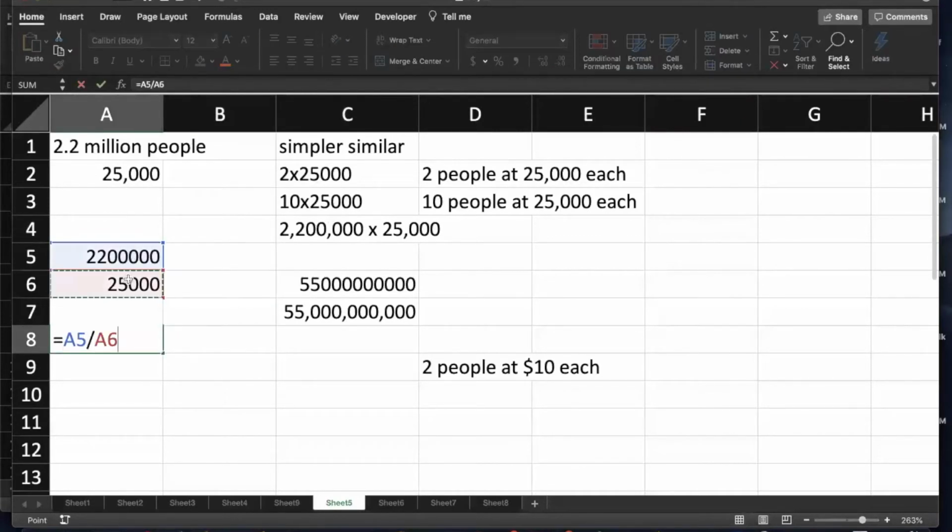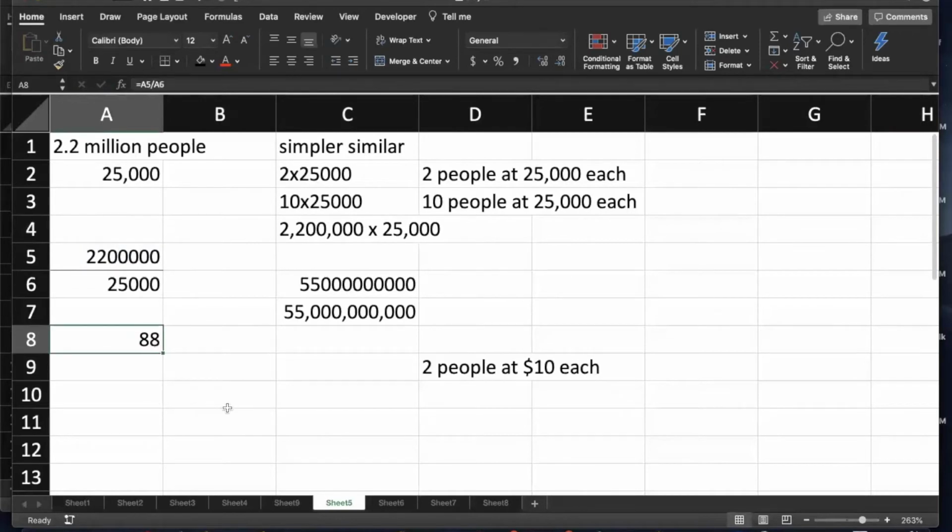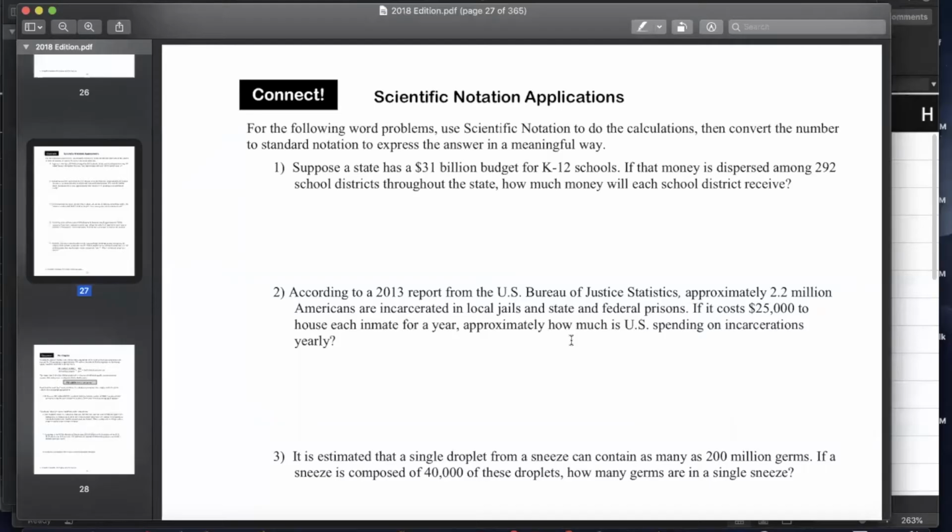And that's a perfectly rational thing to do. It's 88, right? But as you begin to recontextualize that answer, you say to yourself, did I answer the question, how much is the US spending on incarceration a year? Is my answer $88? Does it make sense for the US to be spending $88 given the other facts in this question?